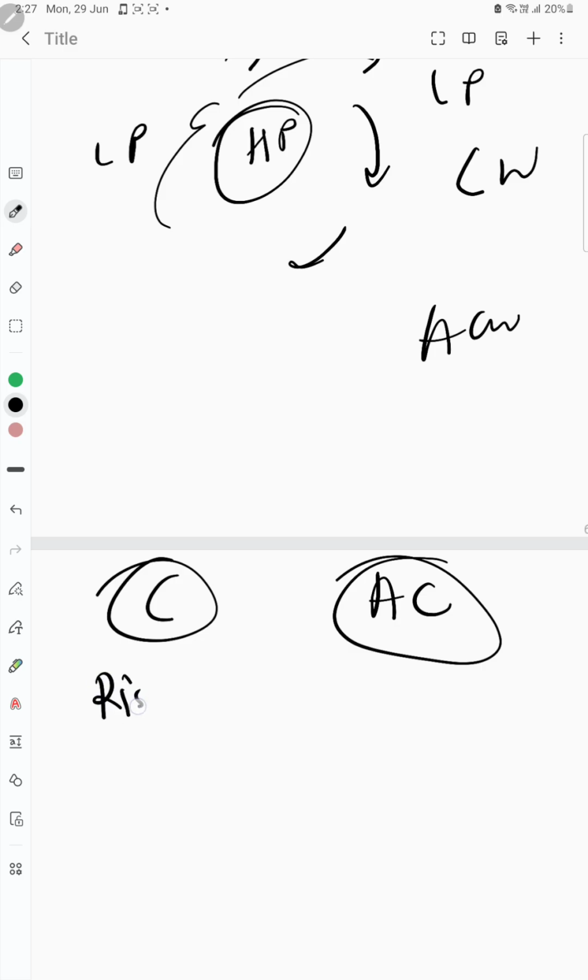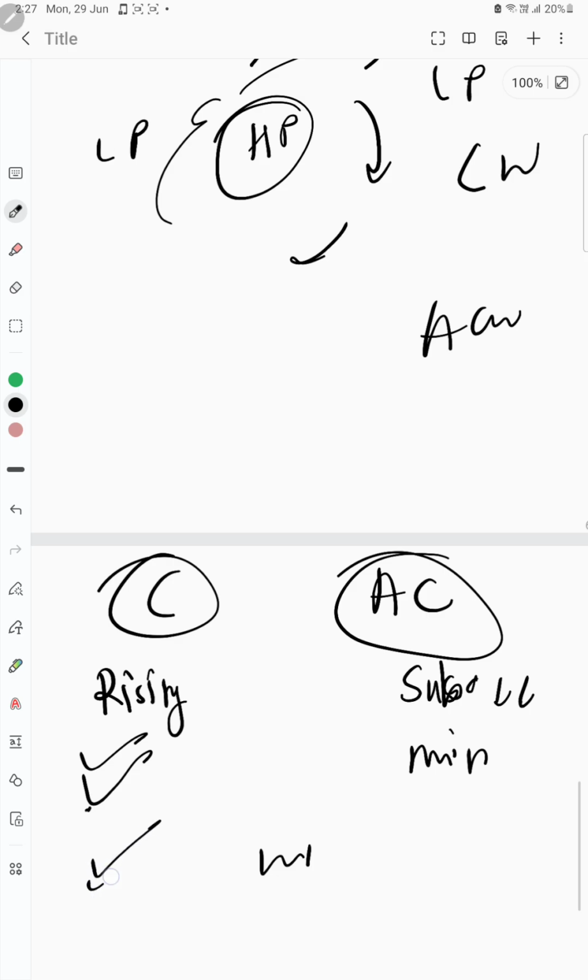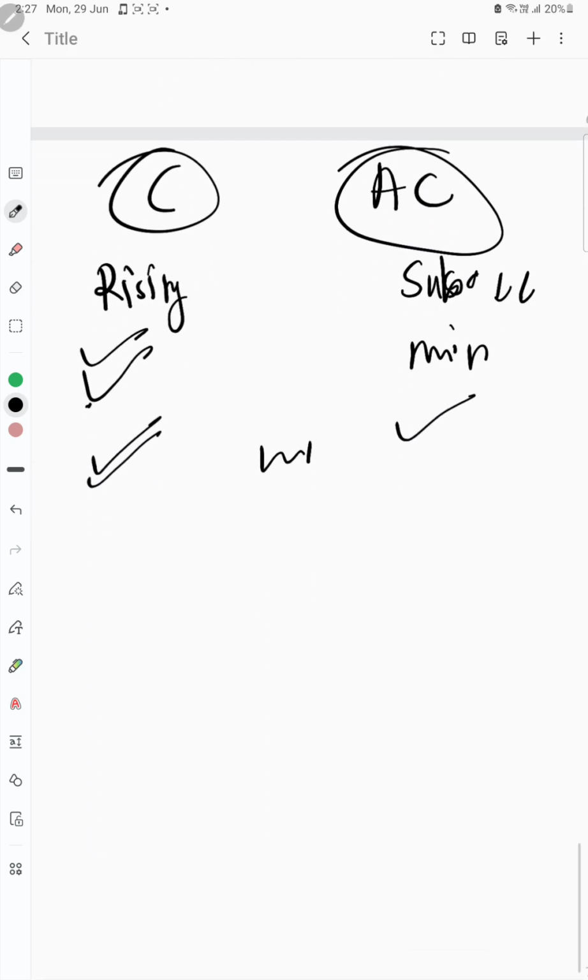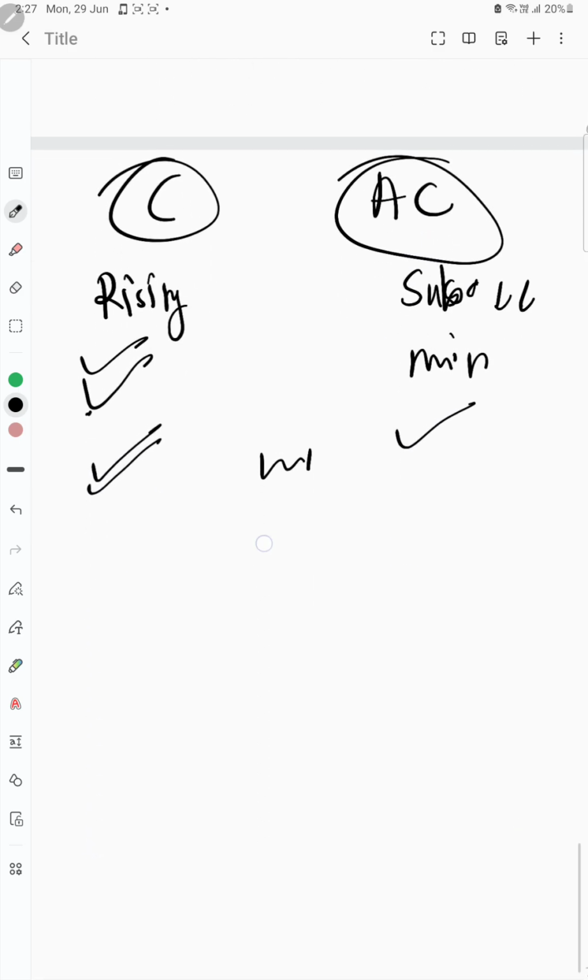Here there is rising air, here there is subsiding air. Due to subsiding air we have minimum drizzle, here we have a heavy downpour. Wind speed is fast in a cyclone and slow in an anticyclone. In the northern hemisphere the cyclone moves anti-clockwise and the anticyclone clockwise. In the southern hemisphere the cyclone moves clockwise and the anticyclone anti-clockwise.